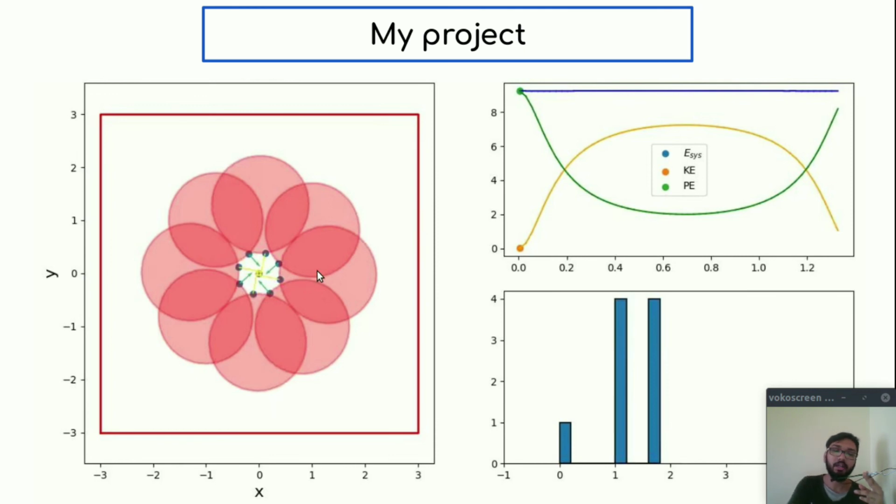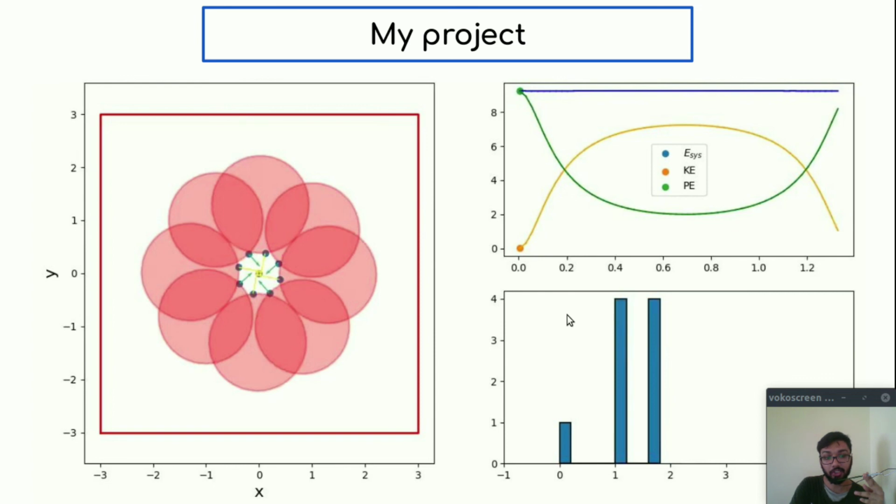In the case of Lorentz force, we have something called the Larmor radius, and from that Larmor radius you can plot this kind of circle. So that is what I have done in my project, and here I have also plotted this energy profile to check whether my simulation is correct or not.